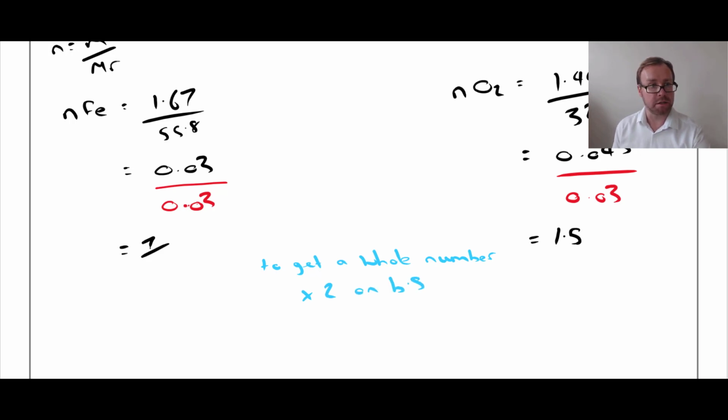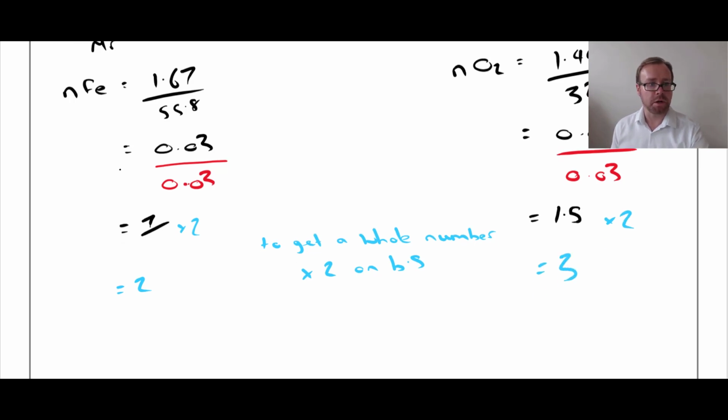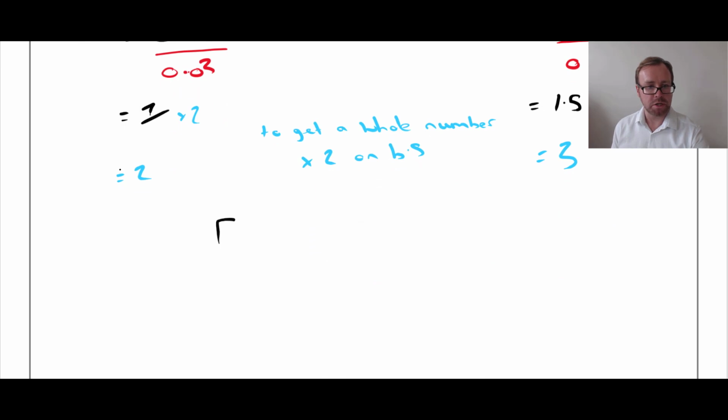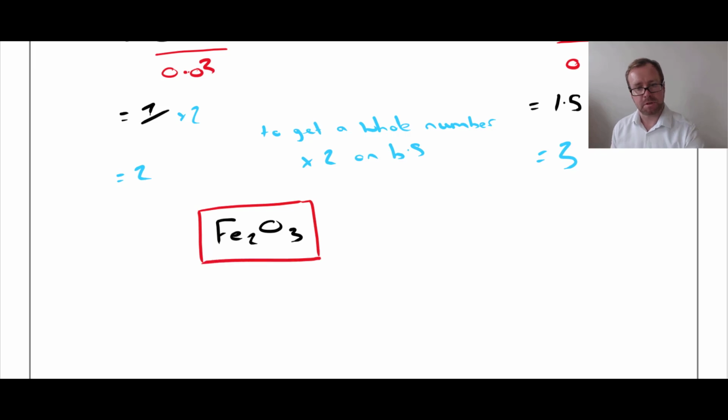When I mean sides, I mean the number of the Fe, the iron, and the oxygen. So 1 times 2 equals 2. 1.5 times 2 equals 3. Therefore my simplest whole number ratio of this oxide of iron must be Fe2O3. Simple. Okay, so we'll carry on.